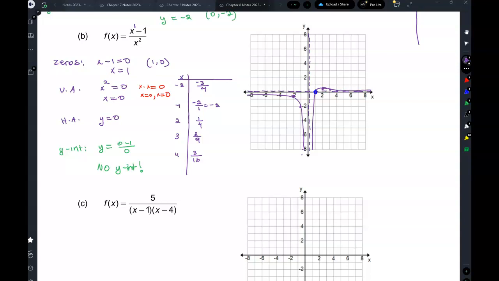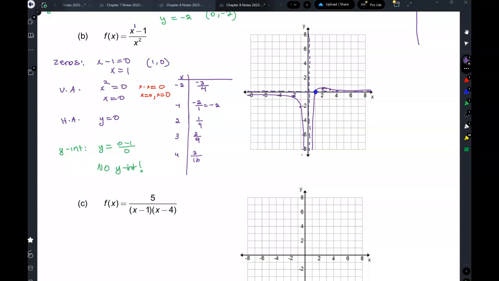The asymptote here is x equals 0. Whatever the asymptote is, that's what x can't be. Then what would the range be? The range is all real numbers, but y can't equal zero. No, it's not all real numbers.